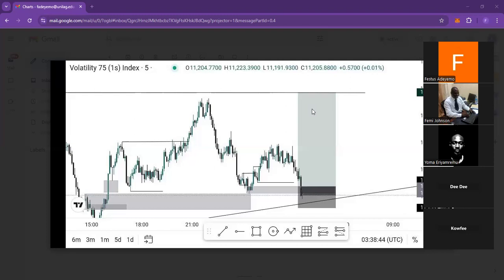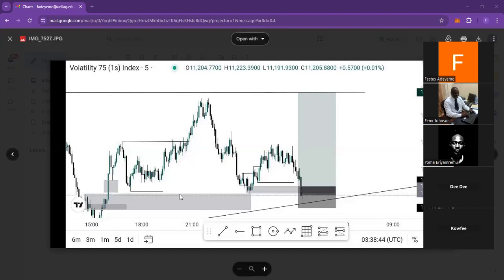That is, you locate your institutional candle, which you have done around here, and also the area of interest, which is around here. The area of interest is the last candle before the bullish trend continues, so we mark the upper part of it and the lower part of it.